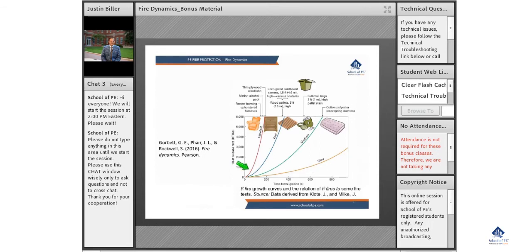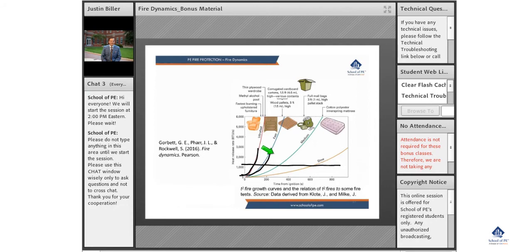That coefficient is based right here. And so the T-squared fire, basically the idea is, it's going to grow at a given rate based on those curves, and as it reaches that kilowatt, that's a function of how quickly a T-squared condition is occurring.